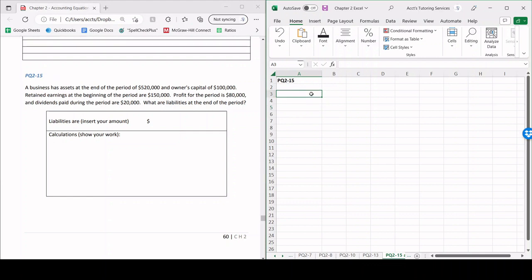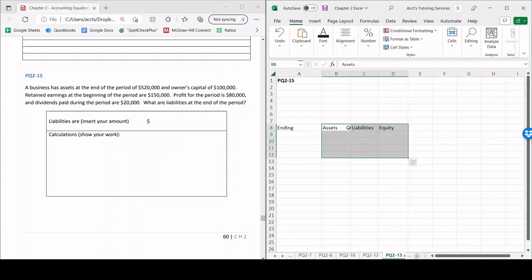So in this specific question, we're going to start off with the ending balances. So we have assets, liabilities, and equity. There's no set way to answer these questions. You just have to use the knowledge and formulas that you know to back yourself up into the answer.